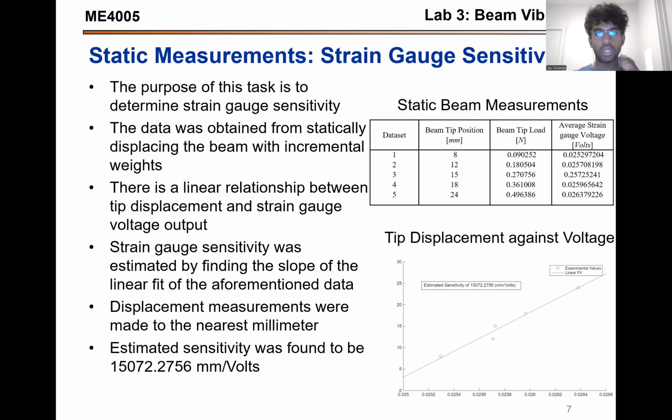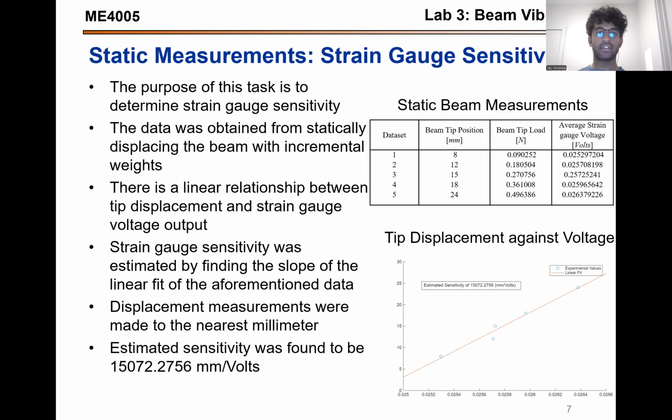In lab 2, static measurements were taken by incrementally adding weights to the tip of the beam and recording the strain gauge output voltage. This was used to create a plot which was then fit with a linear fit model.